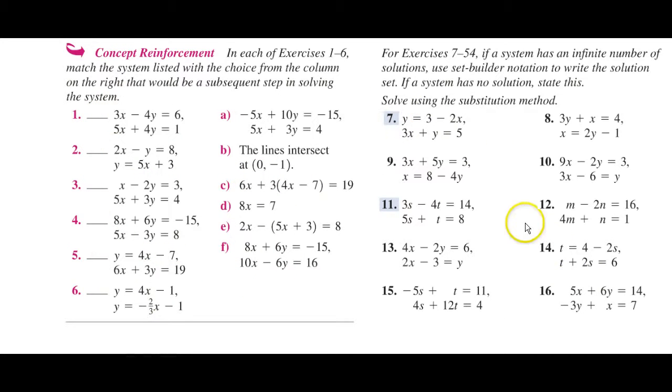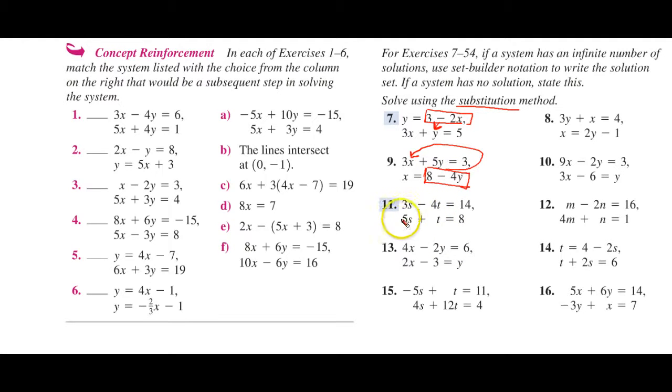Now for these, they want you to solve using substitution. And here we have a value for y. So we just put that right there. Here's a value for x that we'll put right there in parentheses and multiply through to get rid of the parentheses and solve it.